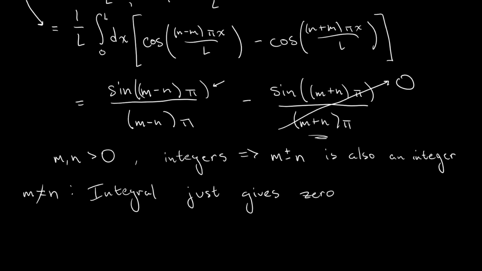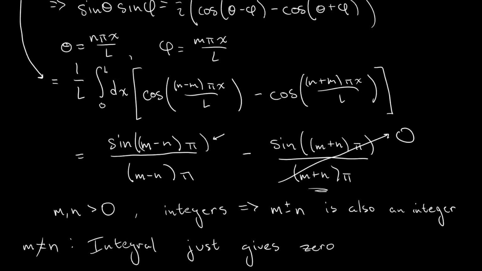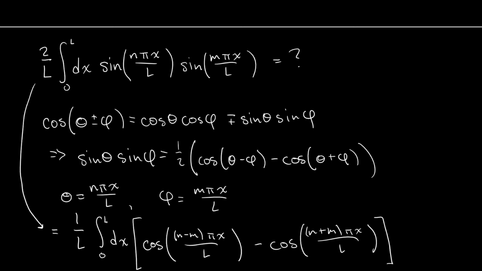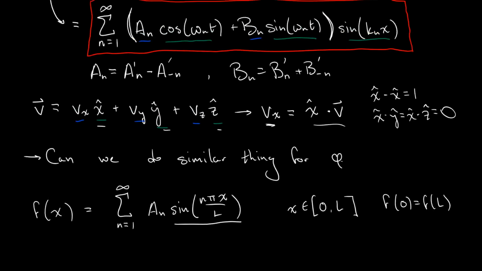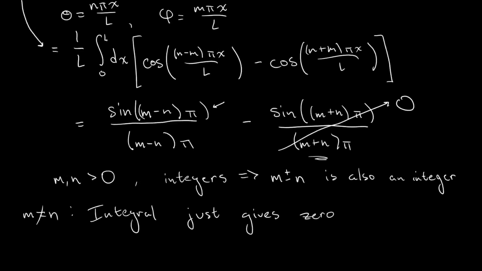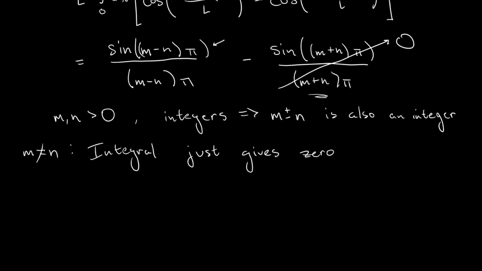So already we're off to a great start, because we see that at least all of the basis functions are orthogonal, right? If I choose two different ones, then I get 0. This integral, which we're treating as the analog to the dot product that I showed up here for vectors, gives us 0 when m is not equal to n.